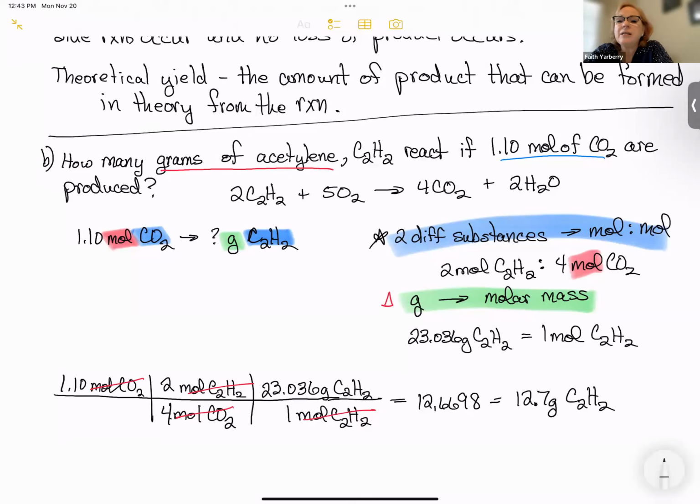I don't really have time to do another problem, so I'm going to let you go for today. On Monday, when I see you in person in class again, we will pick up with these calculations, and then I'll introduce the concept of molarity, which is what we will work with for the remainder of the semester.